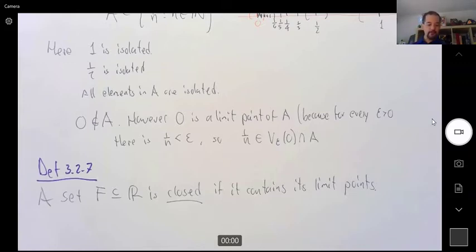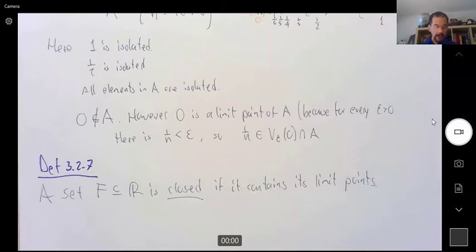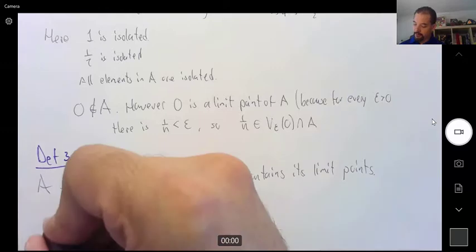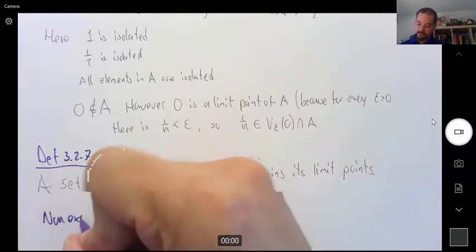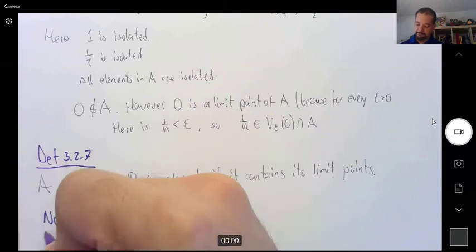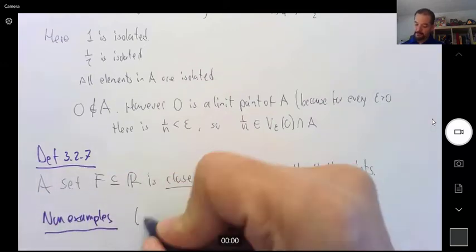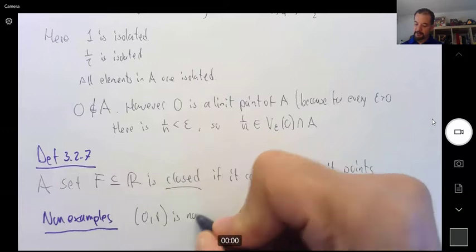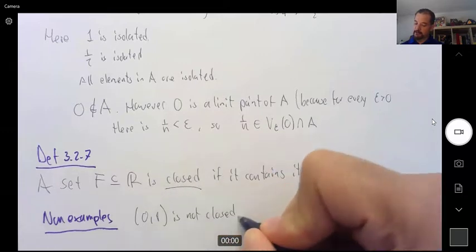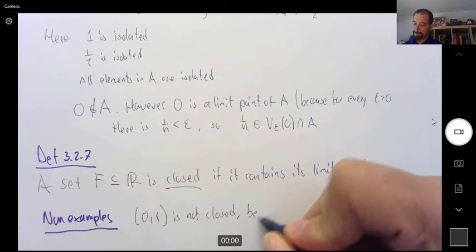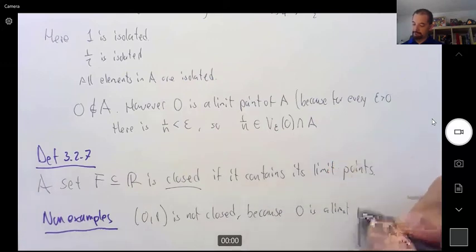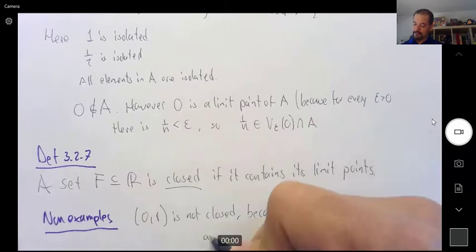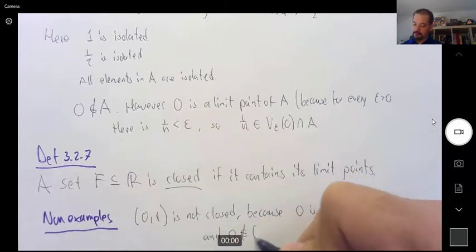All right? So based on this definition, the last examples we considered are not closed, right? So non-examples, let's start with those. This guy, (0,1), is not closed. Why is it not closed? Because 0 is a limit point and 0 is not in (0,1).